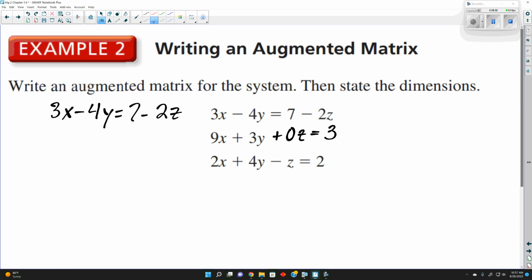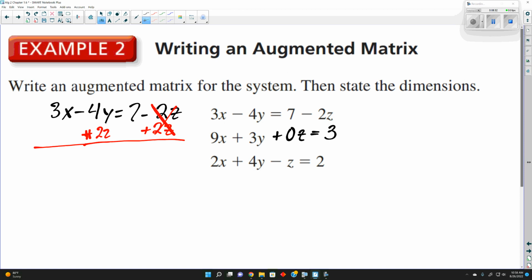What can we do to move the 2z from one side to the other? Make it negative 2z. There's something we can do to both sides. Not subtract, but add. Now, negative 2z plus 2z is?